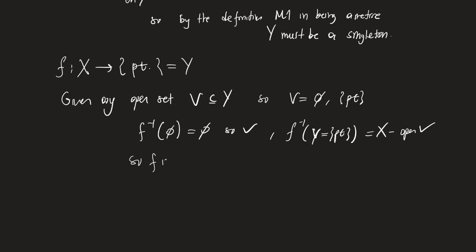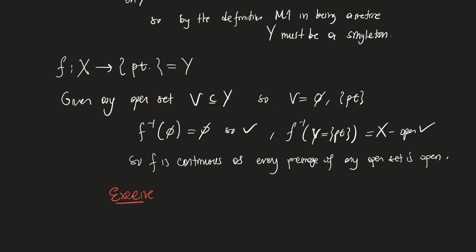So continuous as every pre-image of any open set is open. Okay. Exercise: f between X and Y, where X is a discrete metric space, then f is continuous.